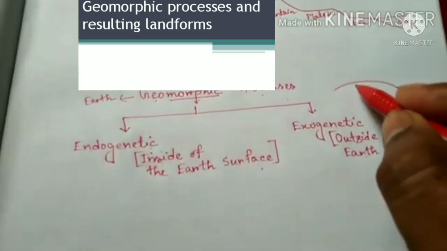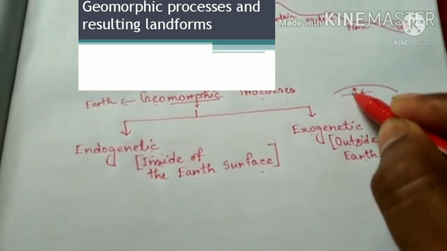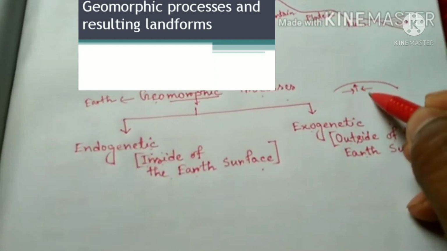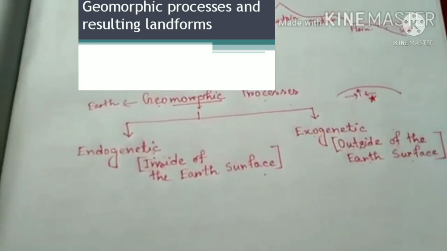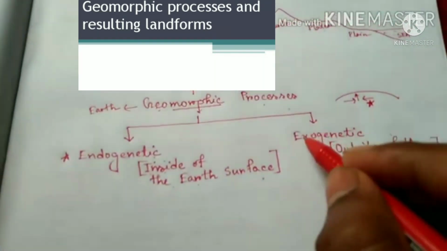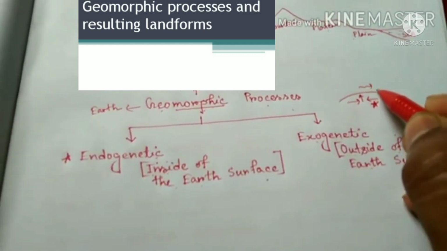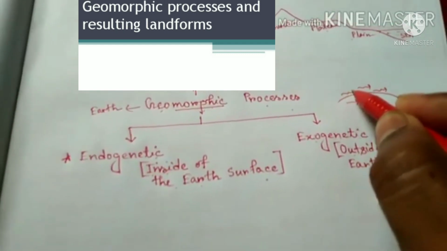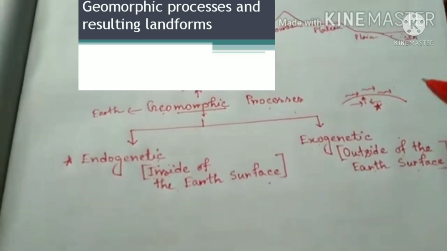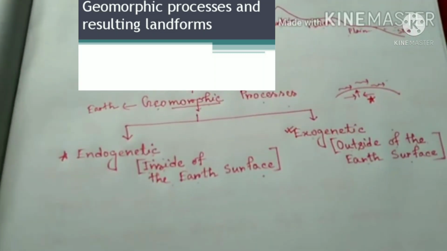For example, if you remember, this is our earth surface. If any process works inside of the earth, this process is called endogenetic processes. And if the processes work outside of the earth, such processes are called exogenetic processes.